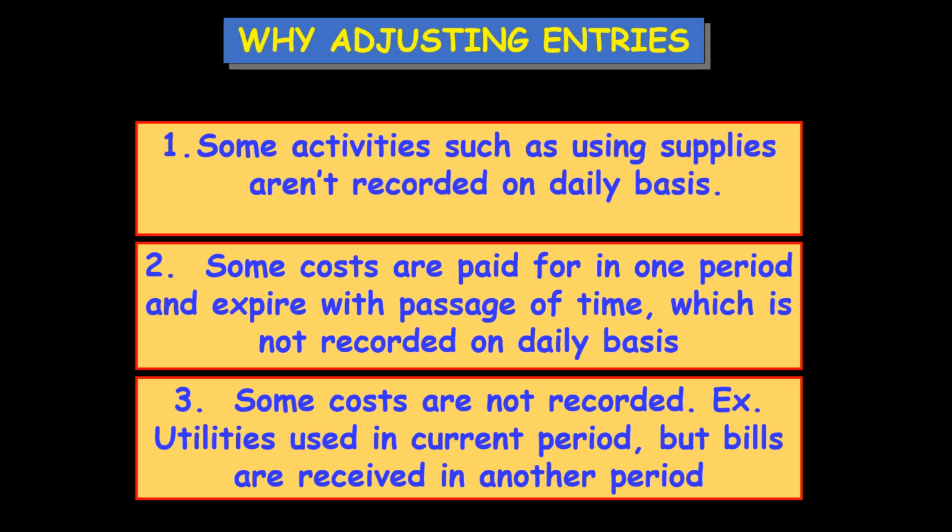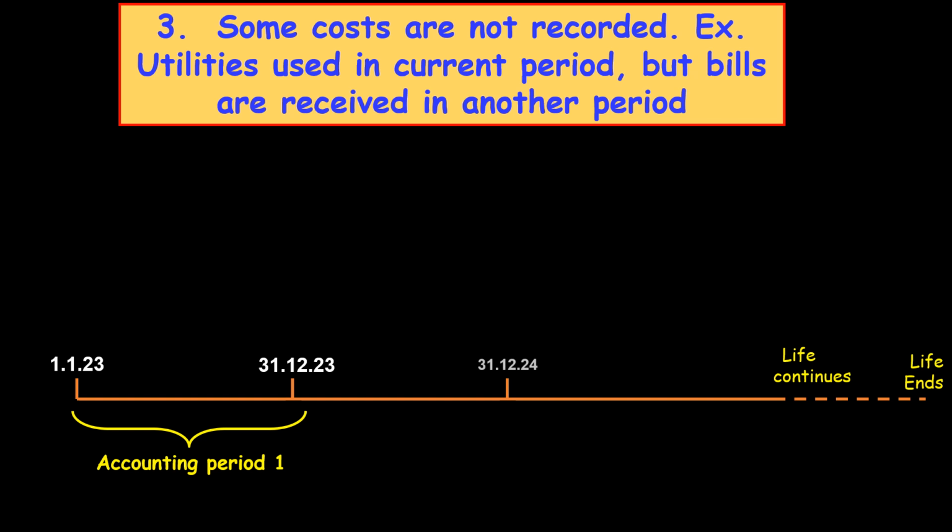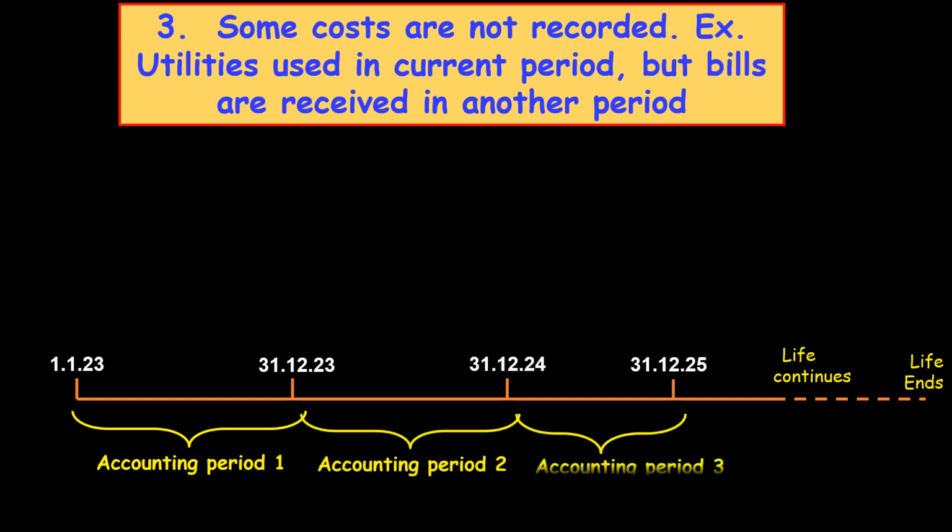So the third example is that some costs are not recorded at all. For example, utilities used in the current period, but the bills arrive in another period. Now this line again represents the life of a business, which is then divided into accounting period 1, accounting period 2, and accounting period 3. And by accounting period, by now it could be on a monthly basis or on a yearly basis. So the business starts using utilities, water, heating, and electricity in one accounting period.